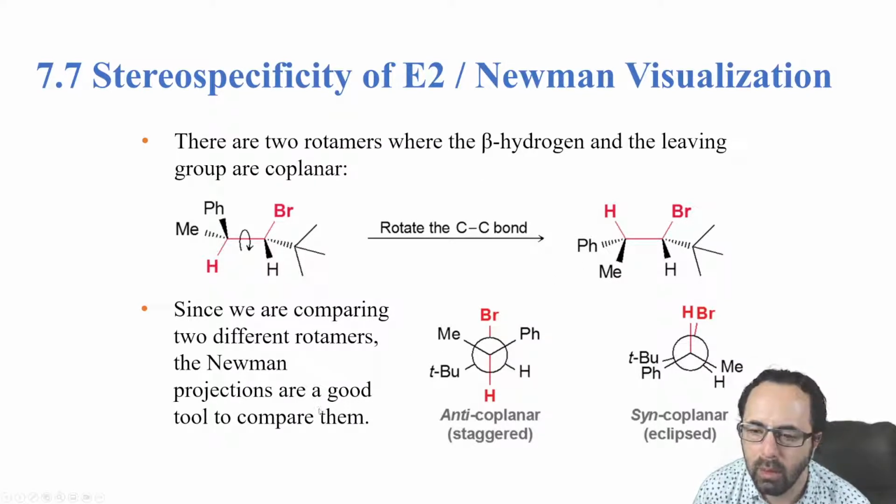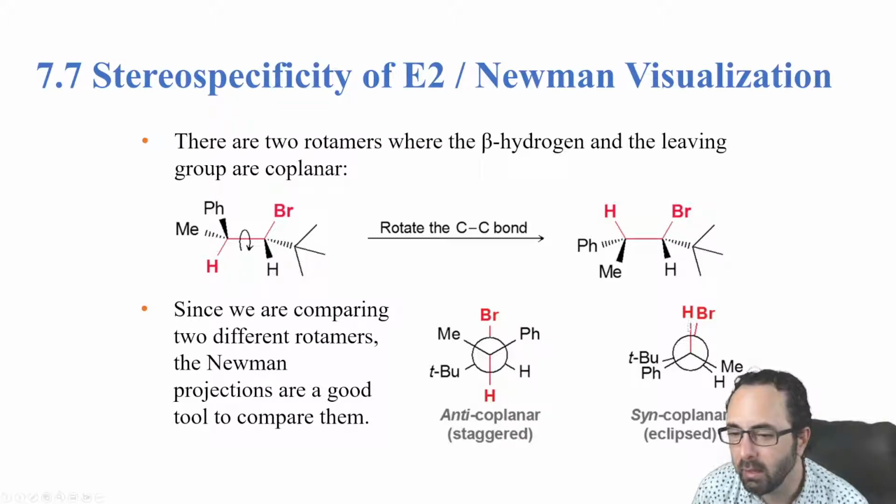However, one thing to note here is that to achieve this configuration that we're seeing on the right, which is referred to as syn-coplanar, where the beta hydrogen and leaving group, the bromide, are on the same plane, they're going to be in this eclipsed conformation for that to occur. However, if they're anti-coplanar like this, everything can be in the staggered conformation.